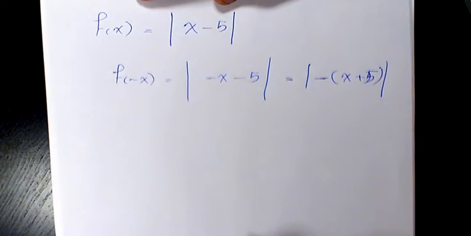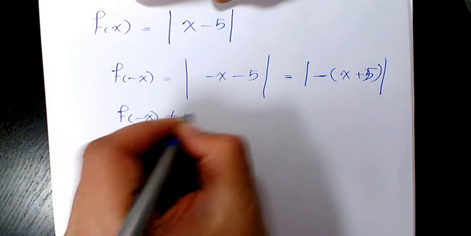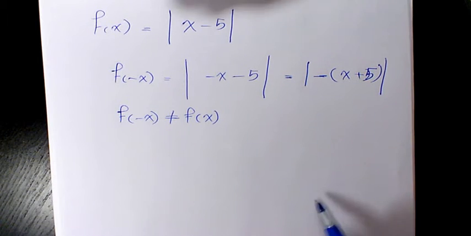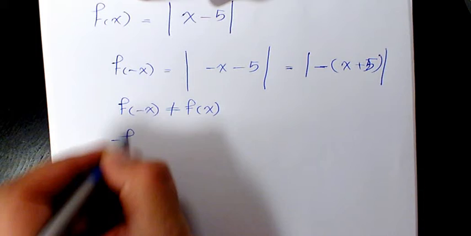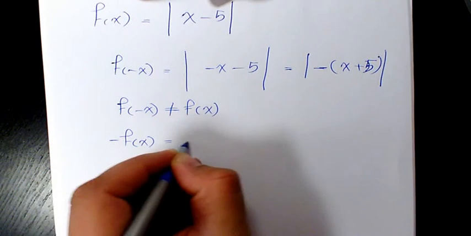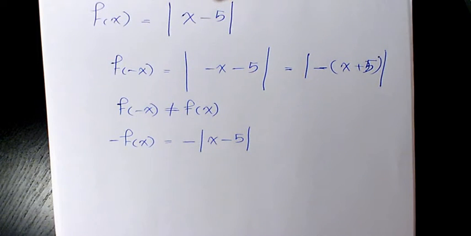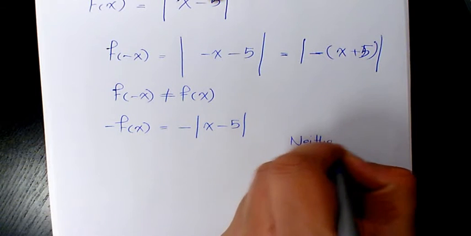So as you see here, f of negative x is not equal to f of x. And if you write negative f of x, it's going to be negative absolute value of x minus 5. So that's going to be neither.